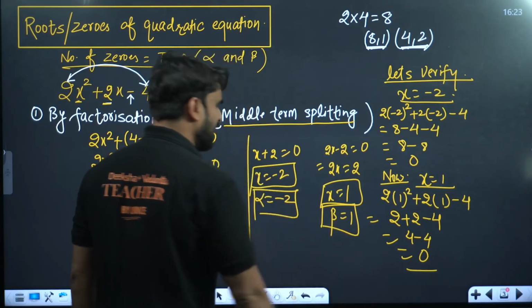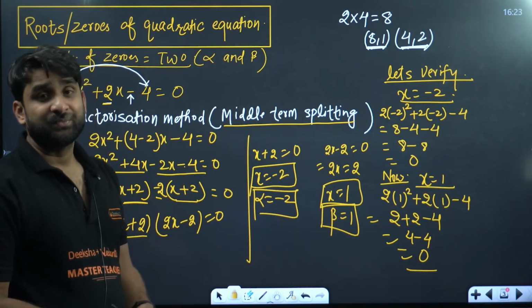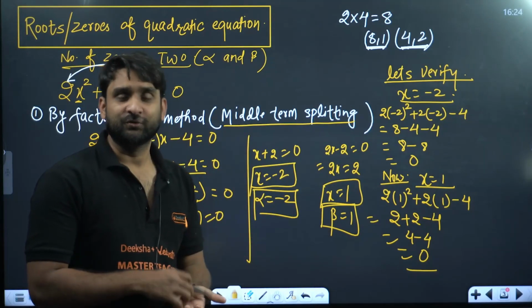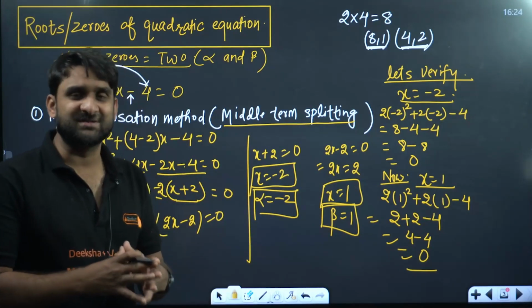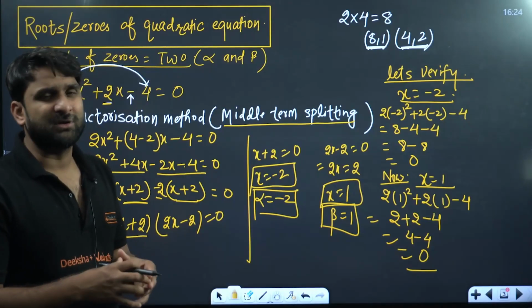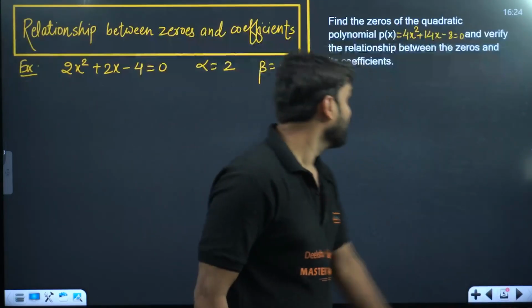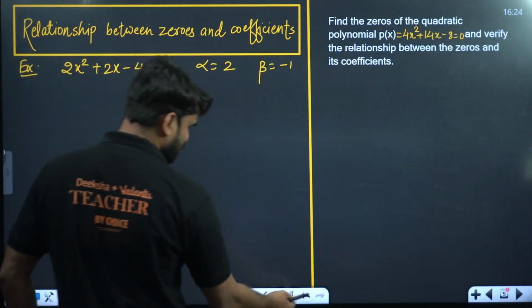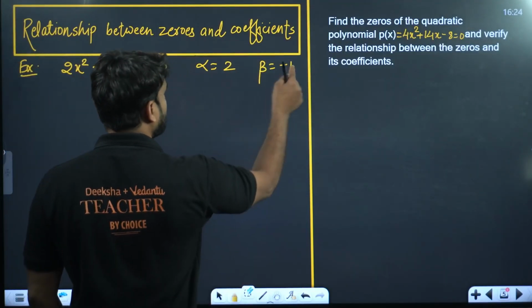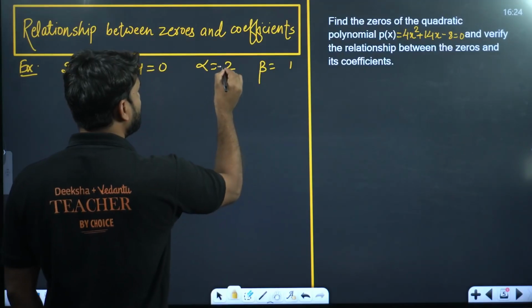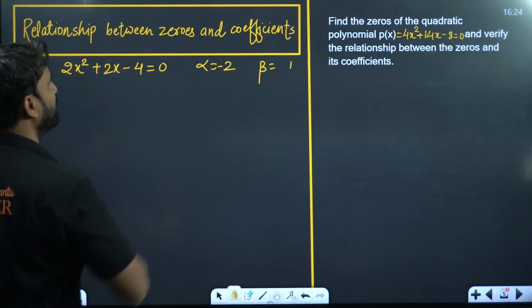We generally consider alpha and beta as roots. This is what we generally use in mathematics for the representation of roots. I hope this is clear to you all. So -2 and +1 are the roots of this equation.